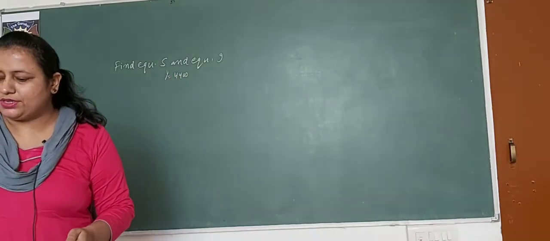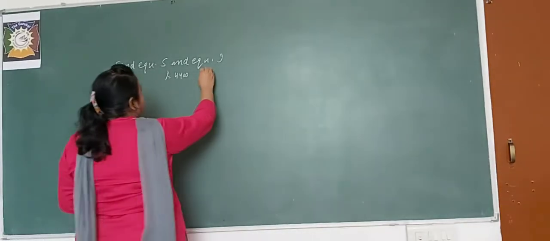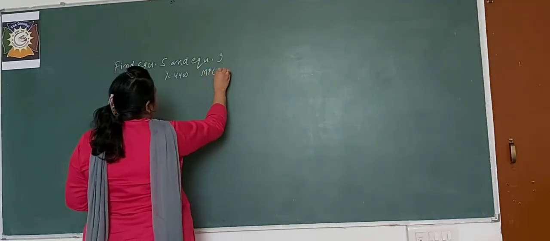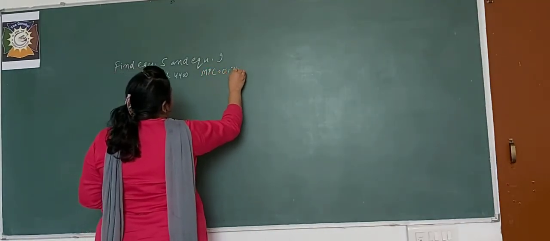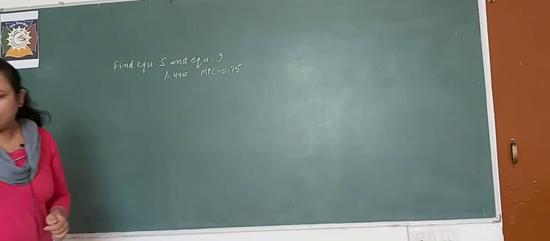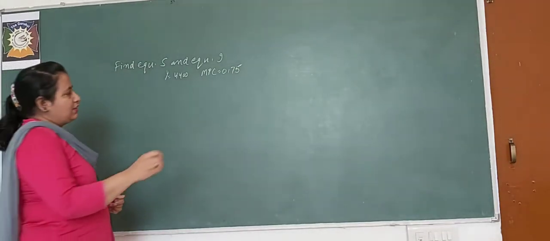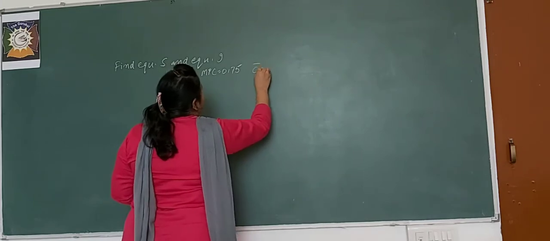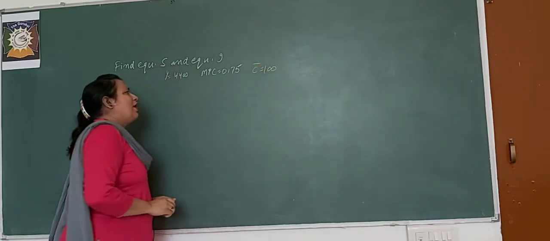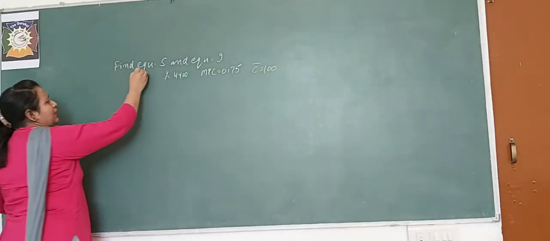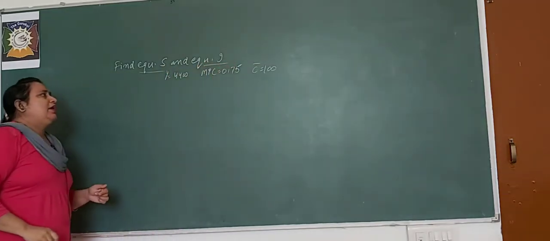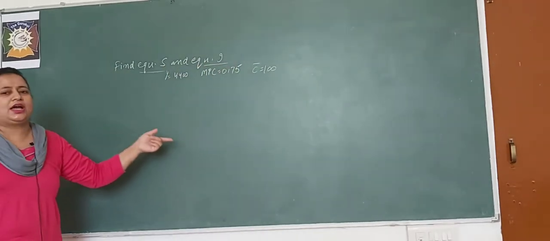Next, MPC means marginal propensity to consume, that is given 0.75, and one item is given more, C bar is equal to 100. Now what do you have to do? आपको करना क्या है? You have to show equilibrium S and equilibrium I. It means you have to show S and I are equal.